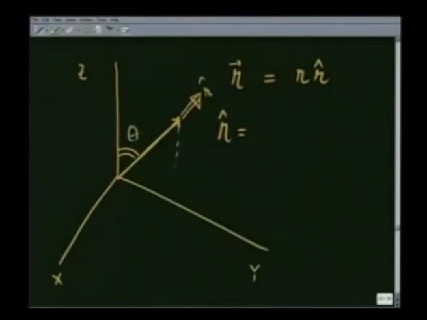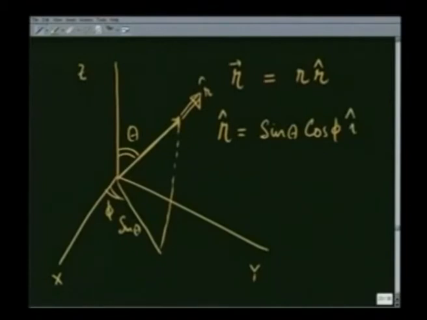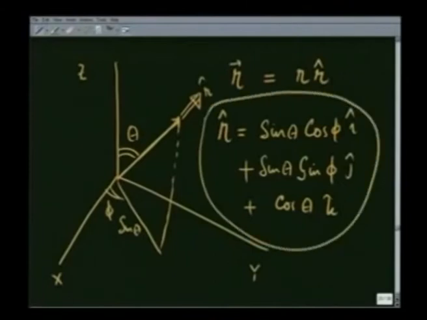The projection on the xy plane of this is nothing but sine theta, and therefore the x component is sine theta cosine of phi i plus sine theta sine of phi j, plus cosine of theta k. This is the unit vector in r direction. How about the unit vector in theta direction?